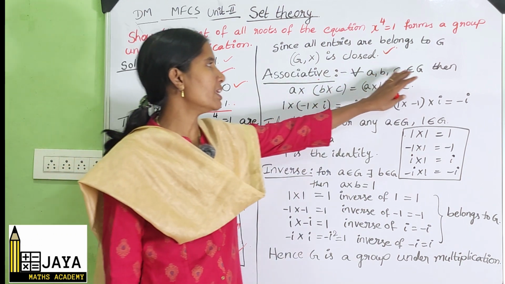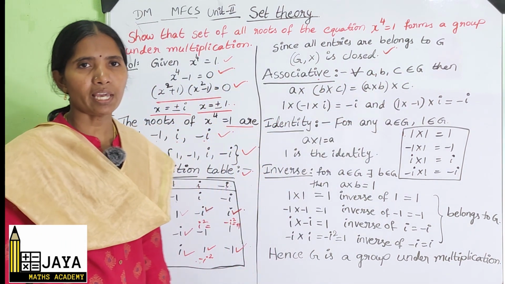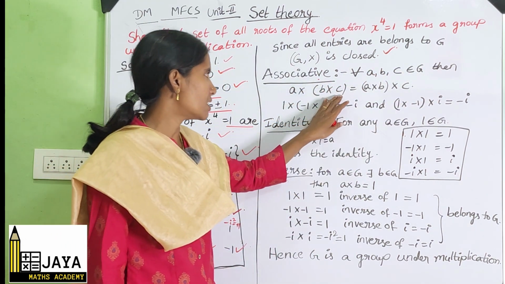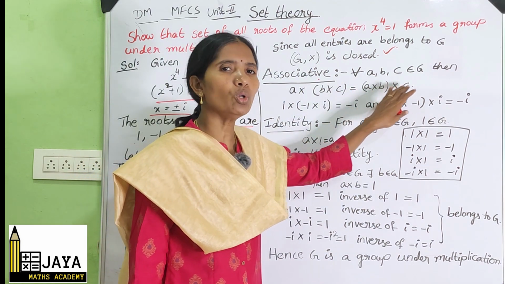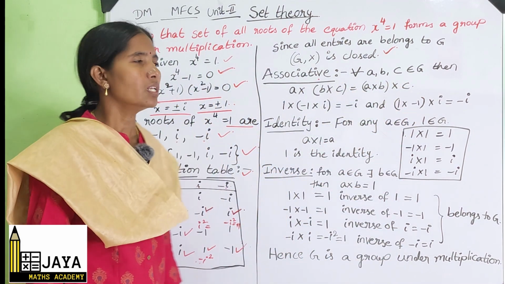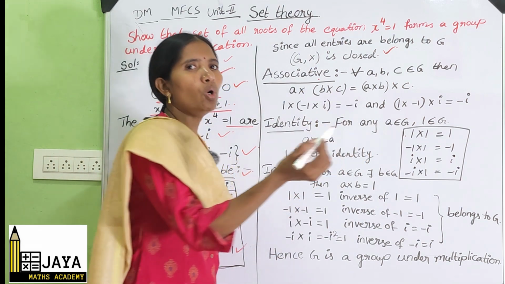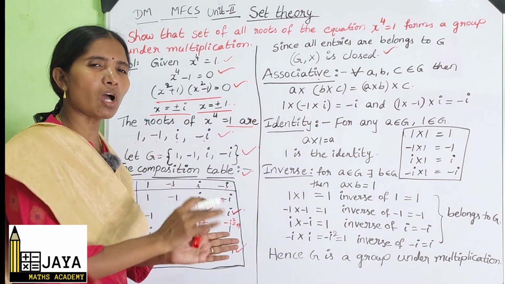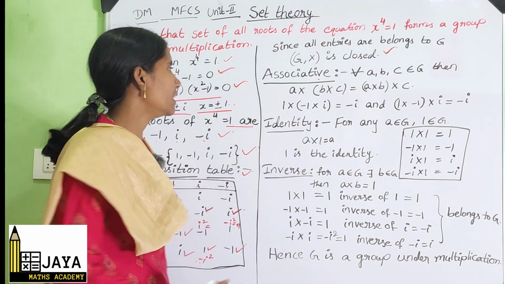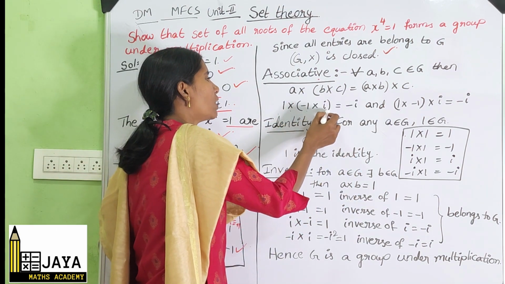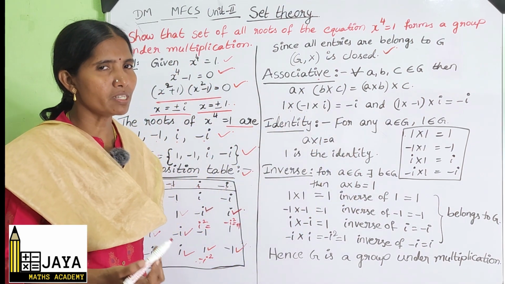Then come to the associative property. For all a, b, c belongs to G, a star b star c, that is a into b into c, is equal to a into b into c. We have to show this. How can we show it? Take an example. It will be satisfied for all the elements, but I am showing only one example here: 1 into minus 1 into i, whatever elements you want you can take.